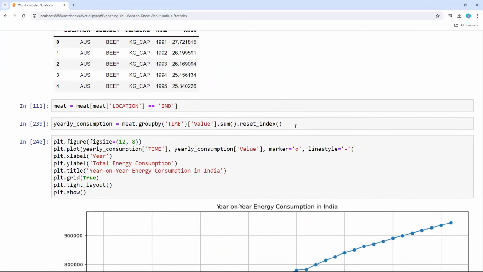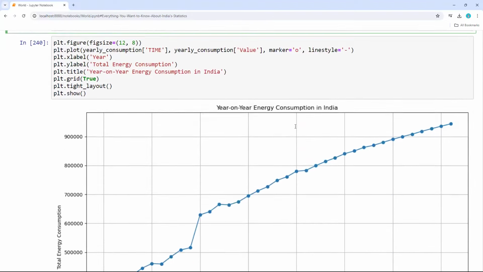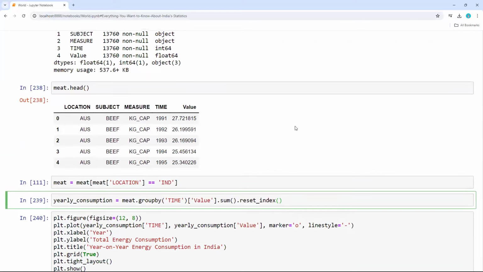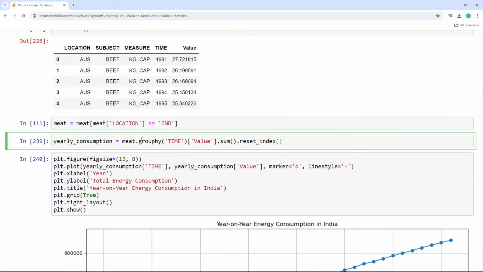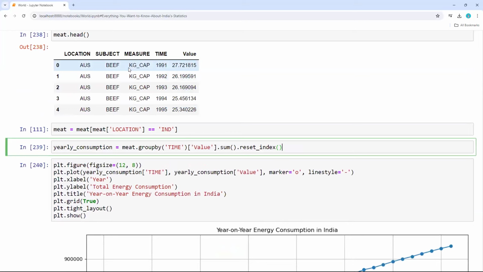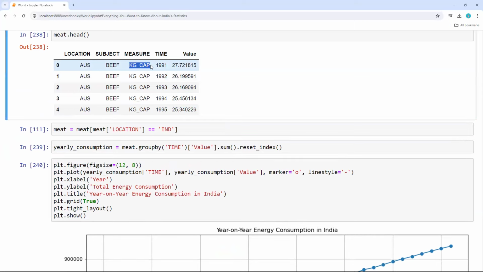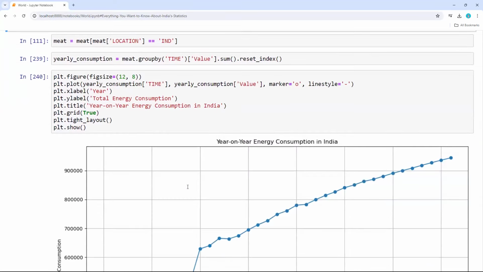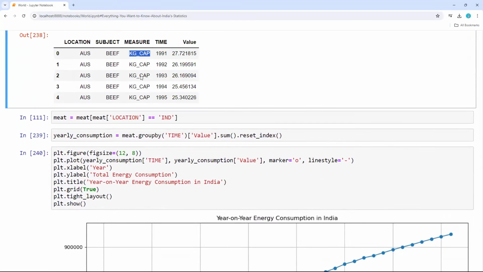If I wanted to look at the stats, one thing I wanted to remind you of here is that we have different kinds of measures. This measure, kilo, is the annual consumption per person in kg of meat.